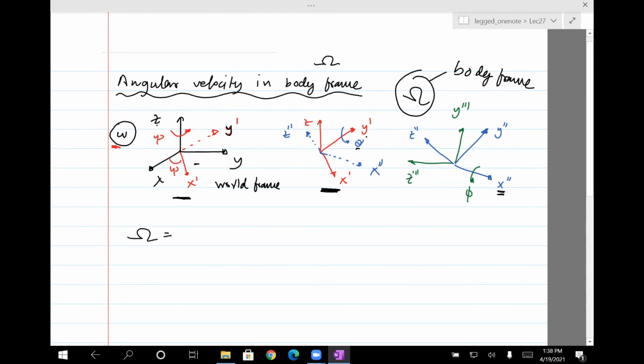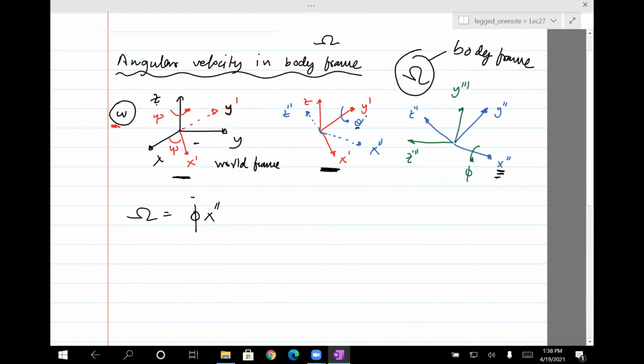What I need to do is, first is going to be rotation about the x-axis. So it will be phi dot x double prime, that's the first one. So everything here would be in terms of x double prime, y double prime, z double prime. Then I would have theta dot about y prime. So that doesn't change.